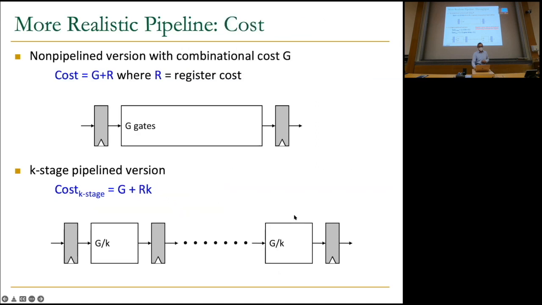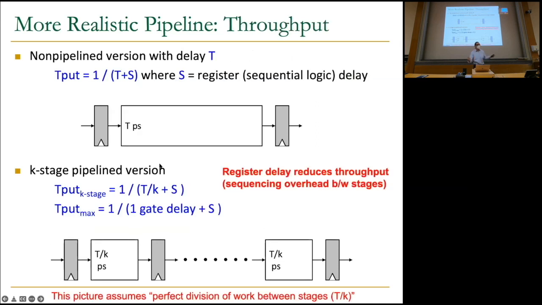And this picture is still not fully realistic. It still assumes perfect division of work between stages, T over K. If that changes, this T overall may become, let's say, 1.5 T, and that actually reduces your throughput also. We will see that when we look at a performance example of pipelining at the end of this lecture or tomorrow. Does this make sense?